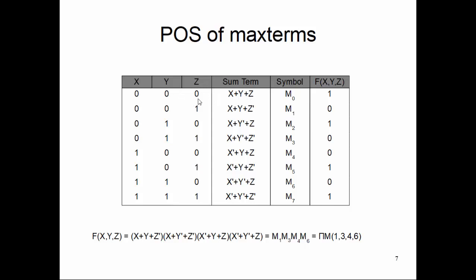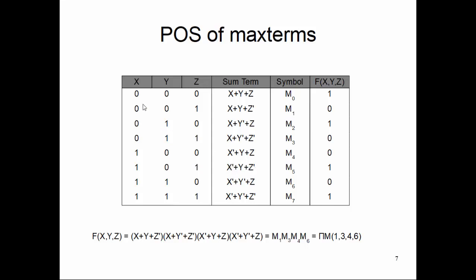So for the combination 000, it becomes x or y or z. 001 becomes x or y or z bar. So whenever we see a true value for that variable, we take a complemented form of that variable. For this example, 101 would be x bar or y or z bar.